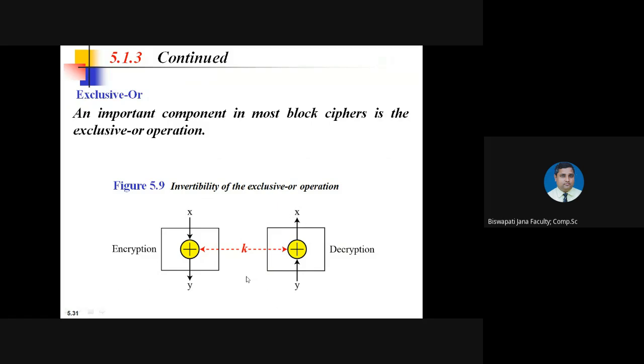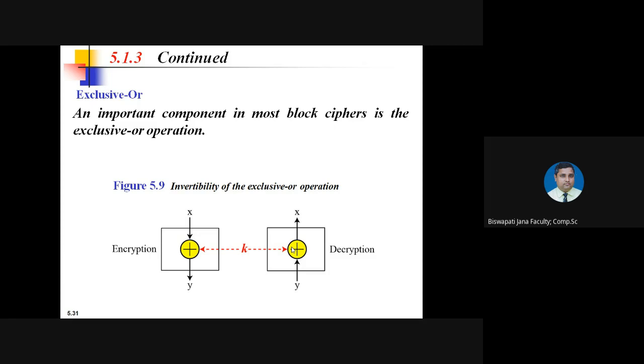Means when you use the XOR operation twice, it nullifies and gets the original result. So twice XOR with the same key can retrieve the original result.